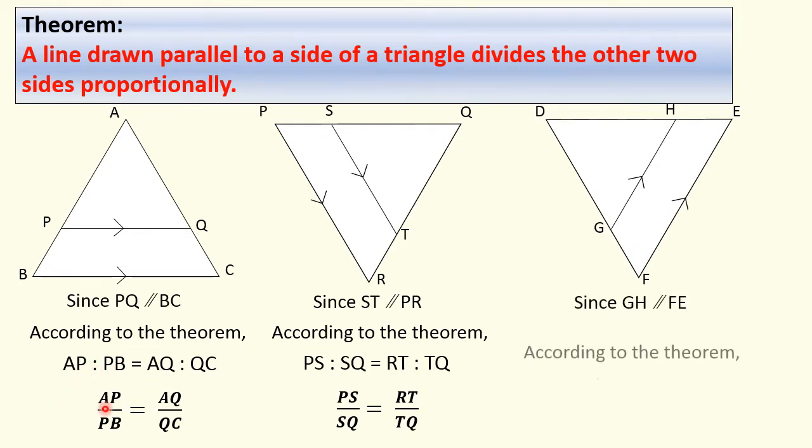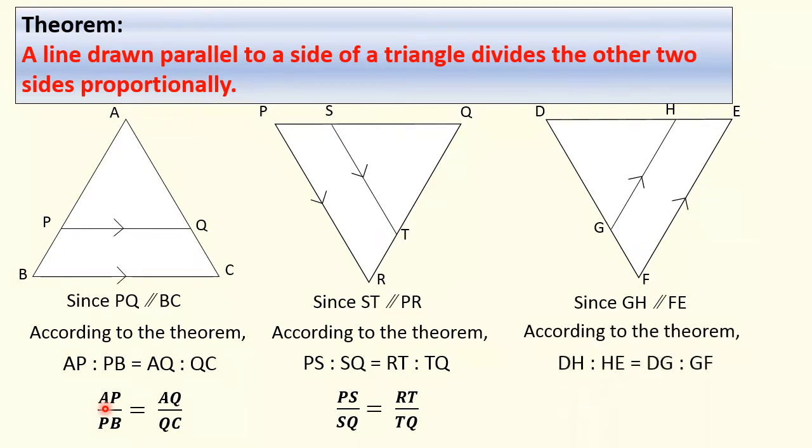Since GH is parallel to FE, once again according to the theorem, DH is to HE equals DG is to GF. Finally, DH over HE equals DG over GF.